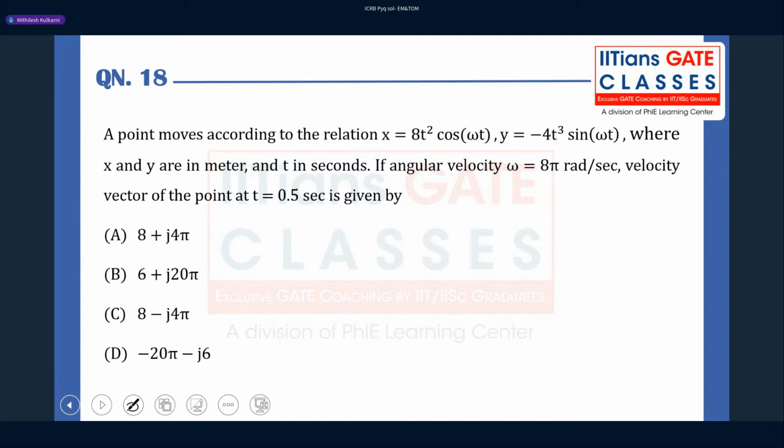So we got the value of x, we got the value of y. The horizontal component of the velocity is u, that is dx by dt, and the vertical component is dy by dt. The velocity vector is given by u i plus v j, where u is dx by dt and v is dy by dt. So we already know x and y, so you should be able to calculate dx by dt.